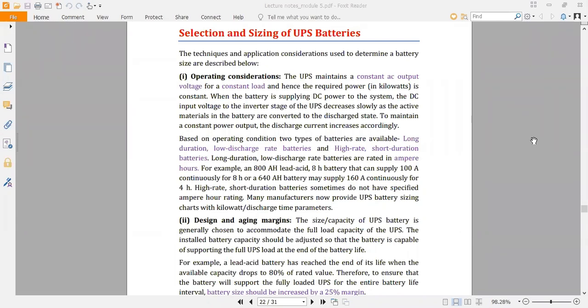That means the discharge rate is less. If we connect any load to a particular battery, then the battery will start discharging. It supplies power to the load, and accordingly the battery gets discharged, but this discharge rate is slow. So you can provide power to the load for a longer duration. This is one method.